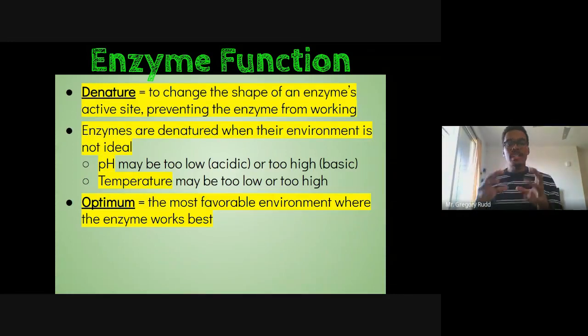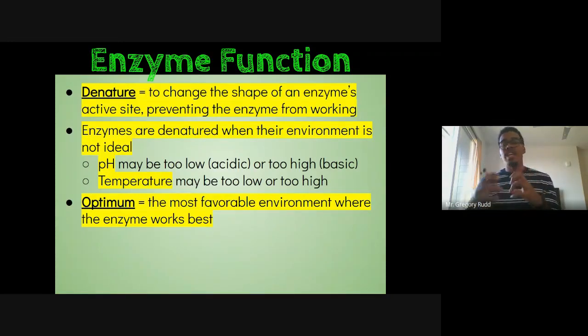So again, the active site is the portion of the enzyme where the substrate fits in and the reaction takes place and we create new products. The active site is where the reaction happens.